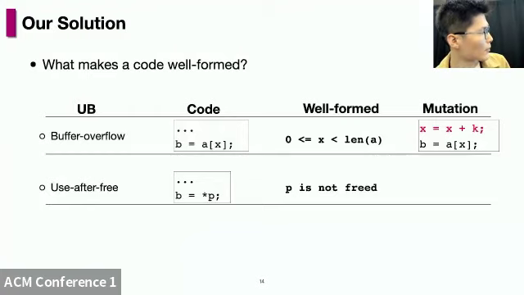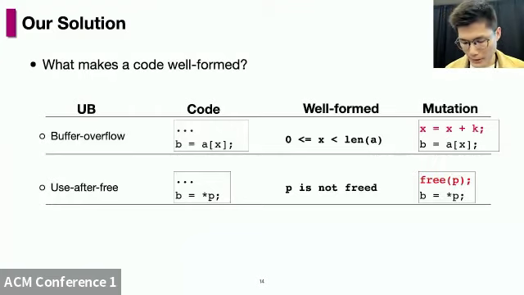For example, to introduce buffer overflow for the first code fragment, we can just mutate the array index to make it access outside the valid range of the buffer A. For the second case, we can free the buffer pointed to by P before its usage.